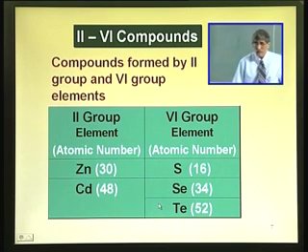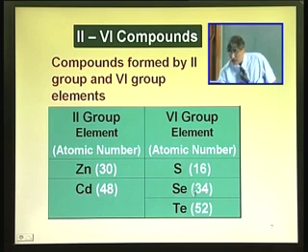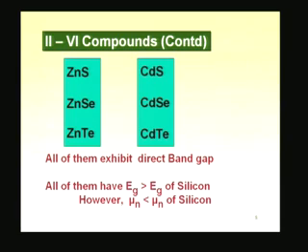Notice all these have atomic numbers which are rather large. So, whatever I have said now, I put in the form of 2,6 compounds formed with zinc: zinc sulfide, zinc selenide, zinc telluride; with cadmium: cadmium sulfide, cadmium selenide, cadmium telluride.